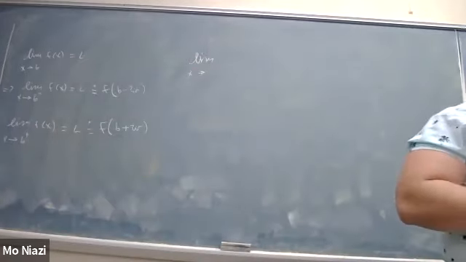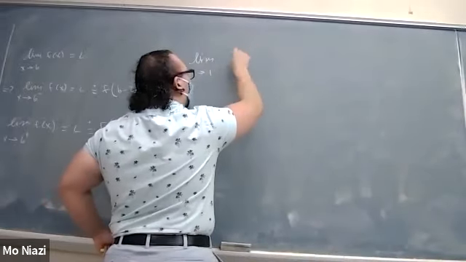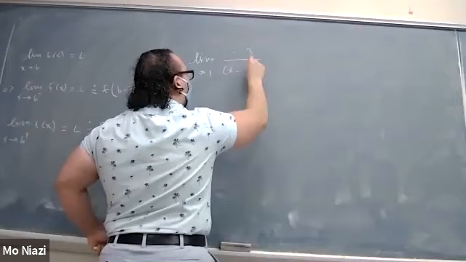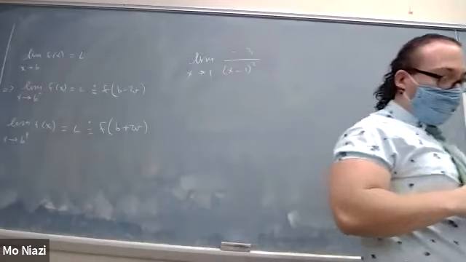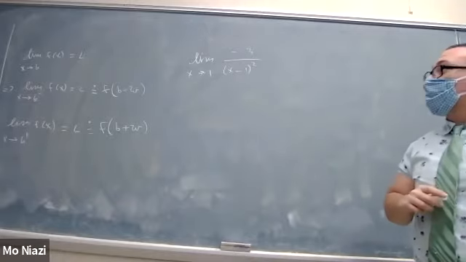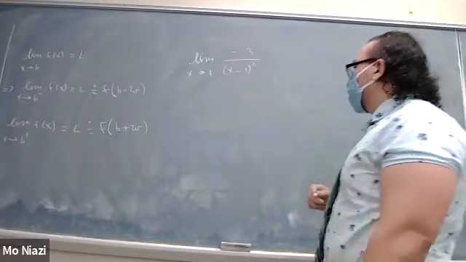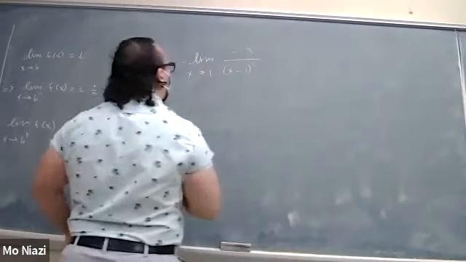Let's say it's the limit as x approaches 1 of negative 3 divided by the quantity x minus 1 squared. Okay.